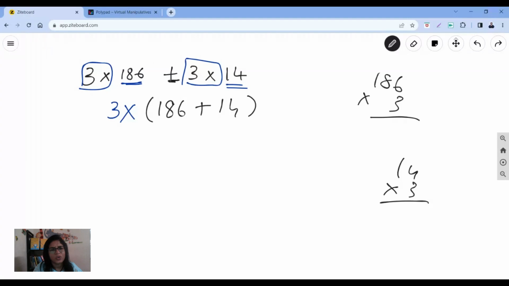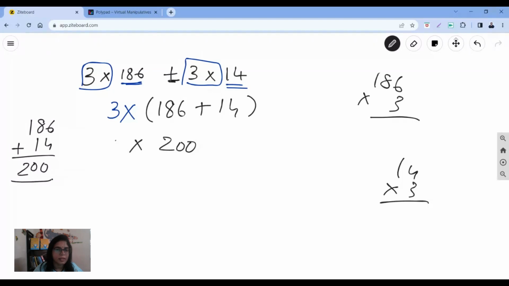Now let's try and see 186 plus 14, right? That's what we have to do first. What will we get? We will get a 200, right? So this thing becomes a 200 times 3. So we get the answer as 600.